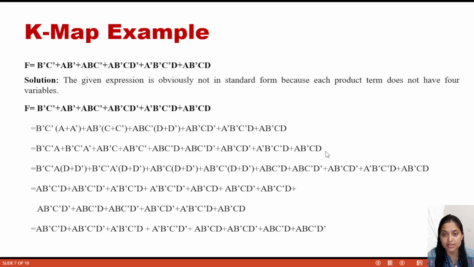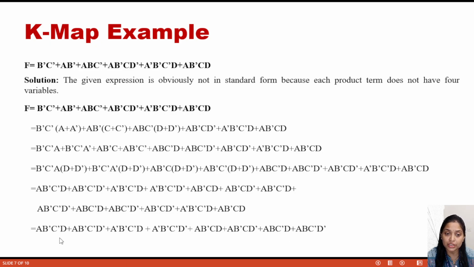Other components are the same. Then in these 4 components we can see that the D component is missing, so for this purpose we will add D in the same way. After that we will multiply and the final equation will come like that.